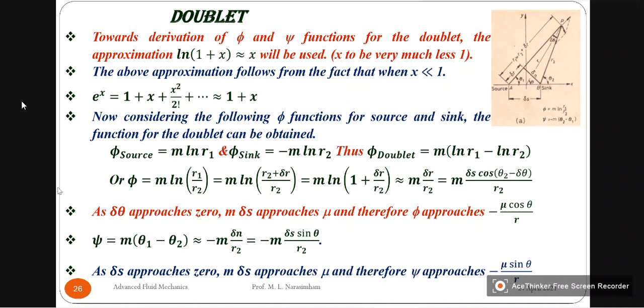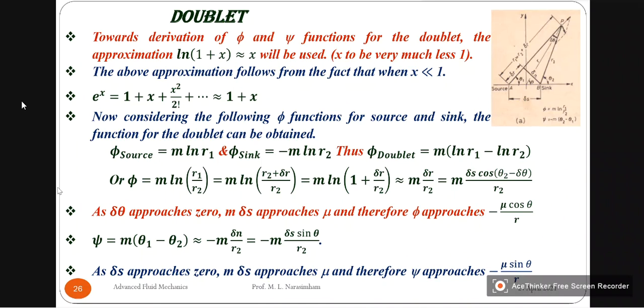So when x is very small, x square and higher powers of x are still very small compared to x and 1. Therefore, all the terms beyond the second term, that is 1 plus x, can be neglected. So e to the power of x can be written as 1 plus x.